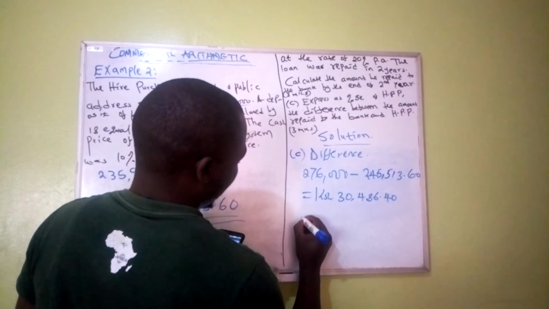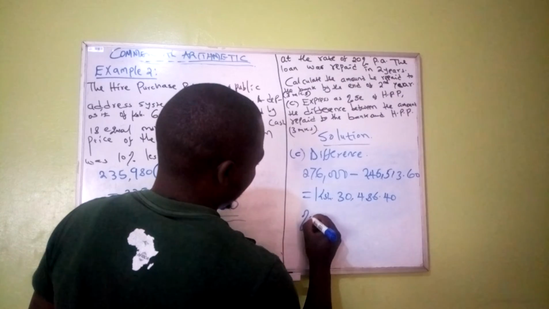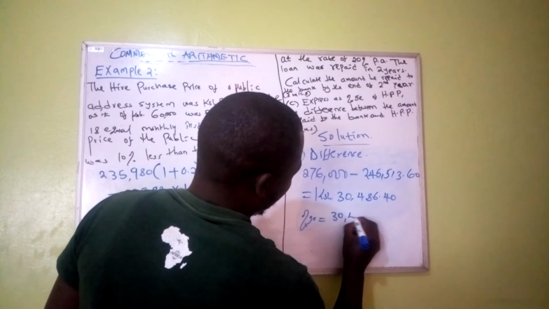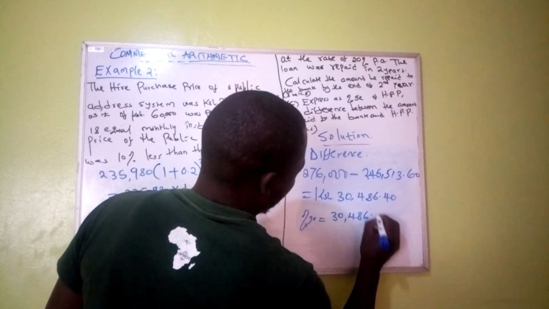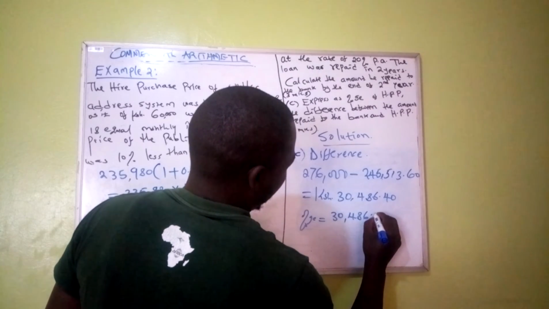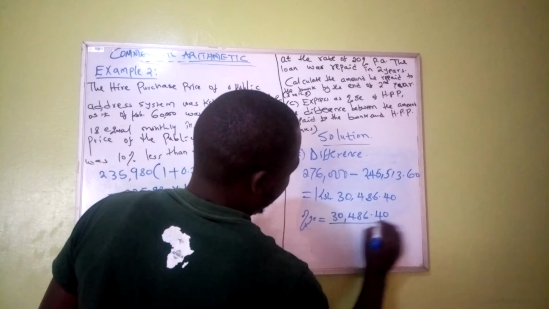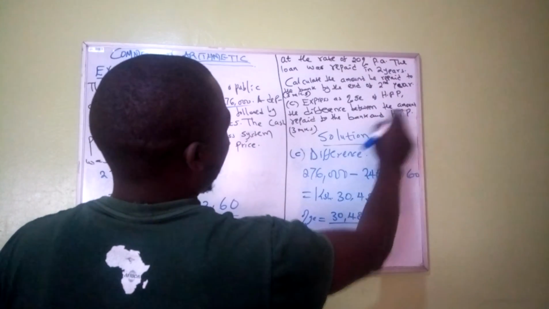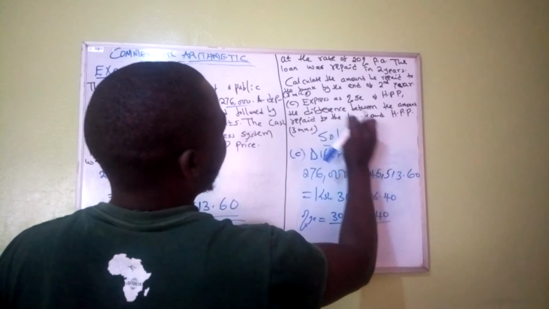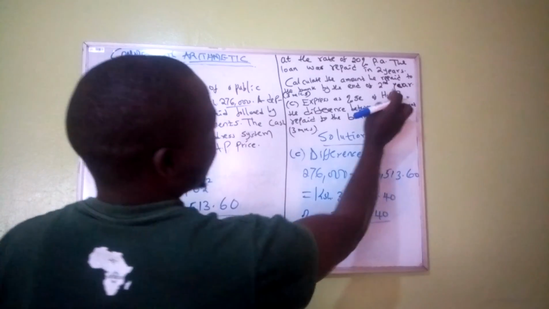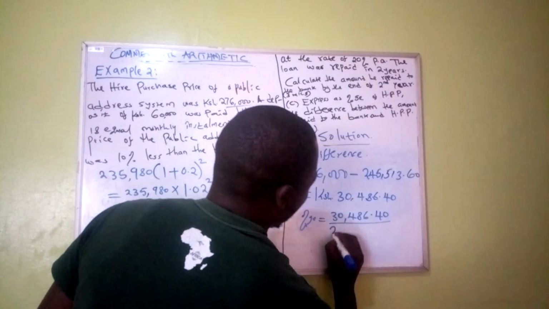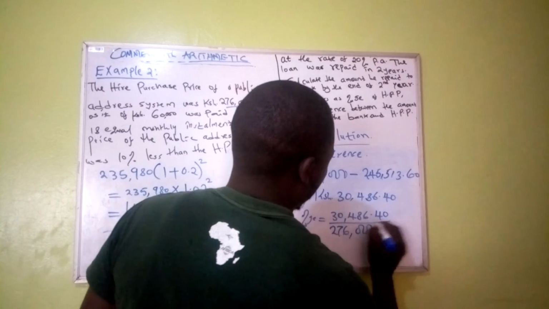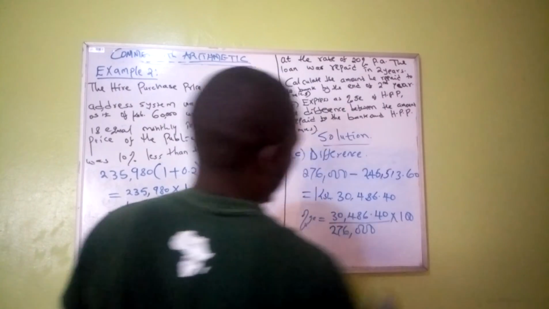Then as a percentage we get 30,486.40 over the hire purchase price, 276,000, times 100.